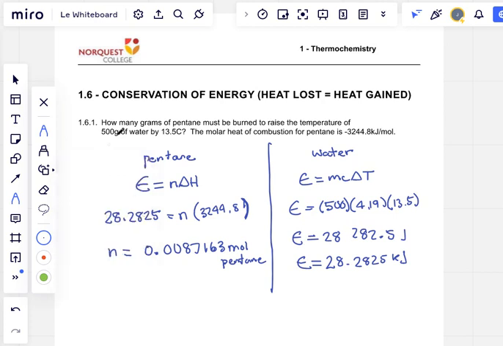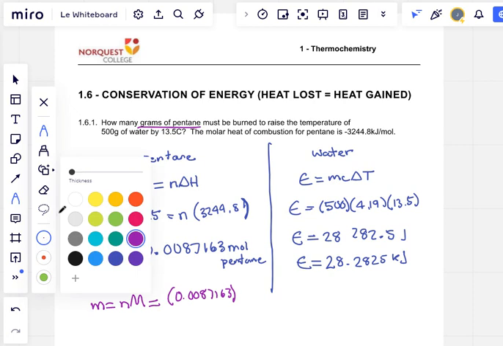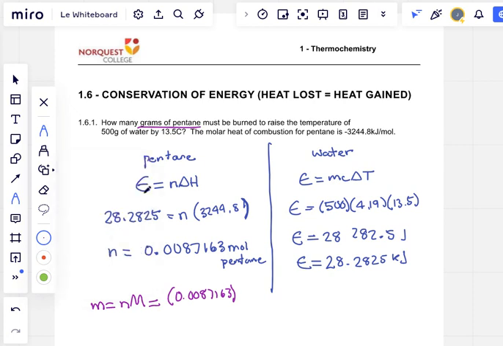Sadly, they did not ask for moles of pentane. They asked for grams of pentane. So one more step. Mass equals number of moles times molar mass. Our number of moles is 0.0087163 times the molar mass. Sadly, we do not have the molar mass of pentane, so one more step.